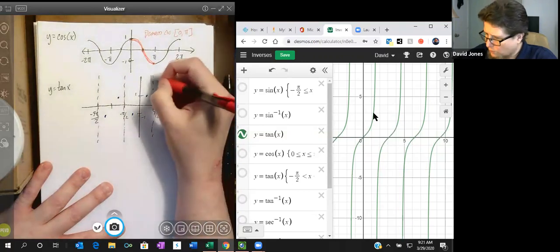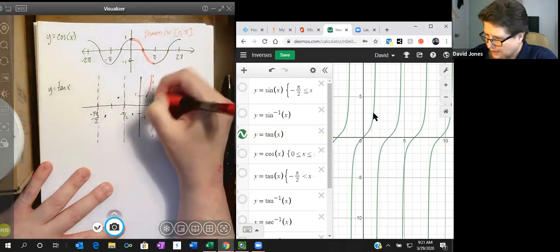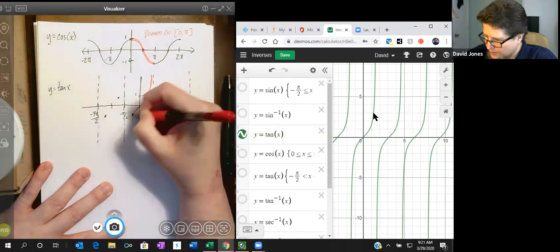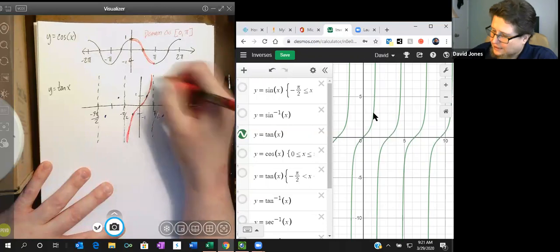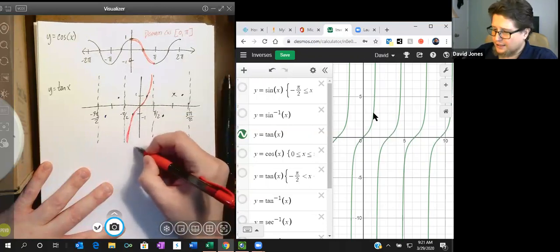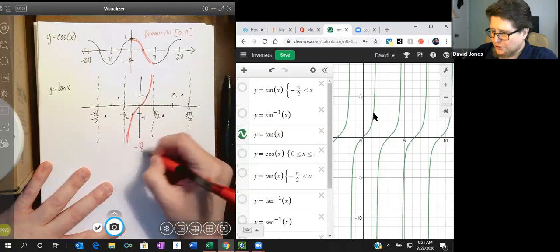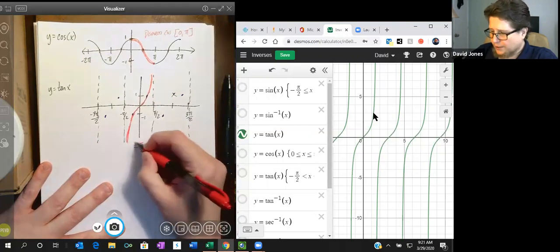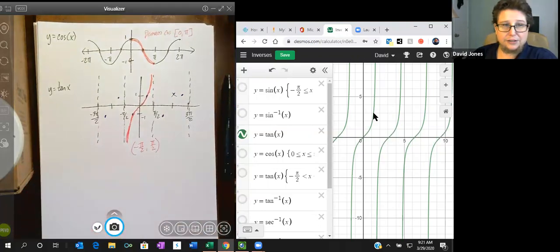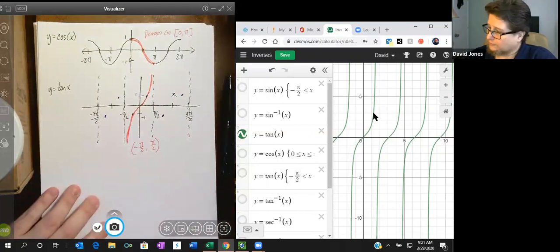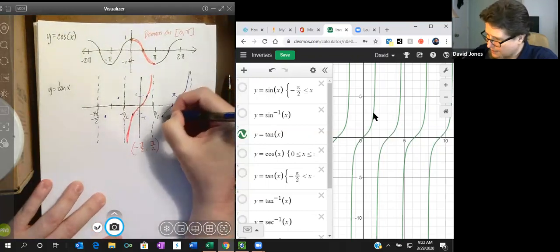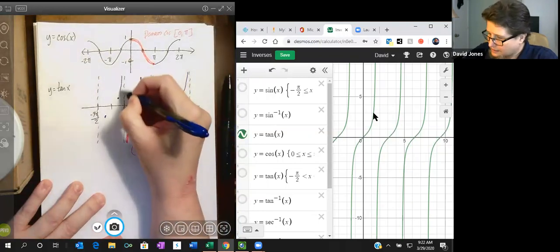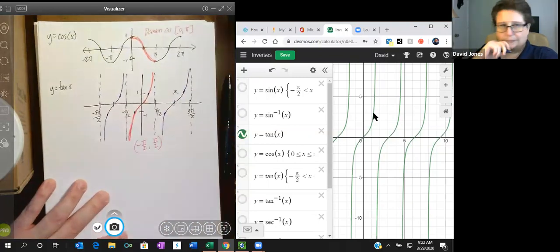So our red one will be our domain restricted one. We want it as close to 0 as possible. X value is close to 0, so we're going to use that one. So the domain of tangent is negative pi over 2 to pi over 2, but we don't include them because those are asymptotes. And our regular tangent just keeps going doing the same thing, like such.